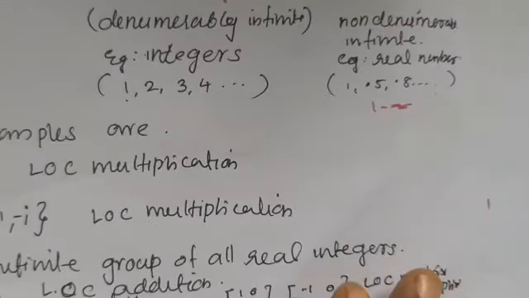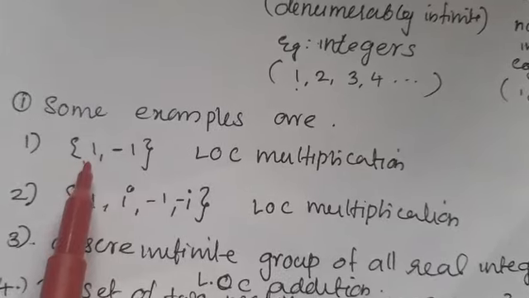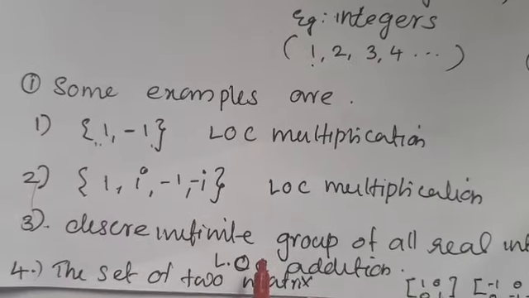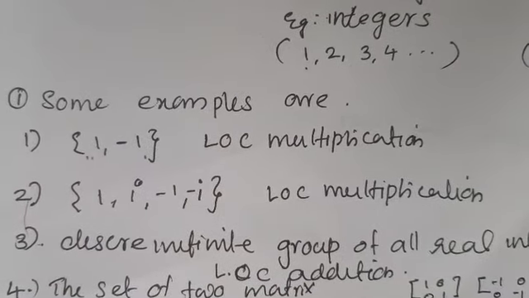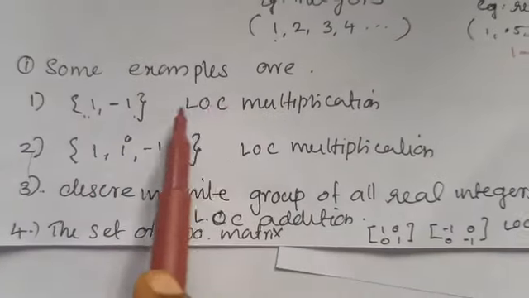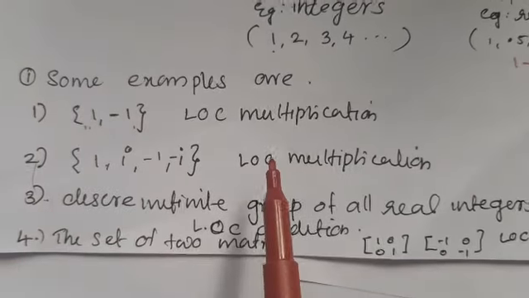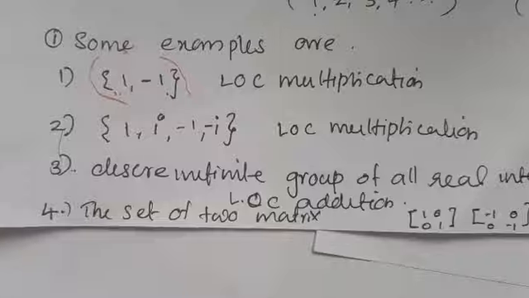Some examples for groups: this one, the set containing 1 and minus 1. How can we say that this set 1, minus 1 forms a group?